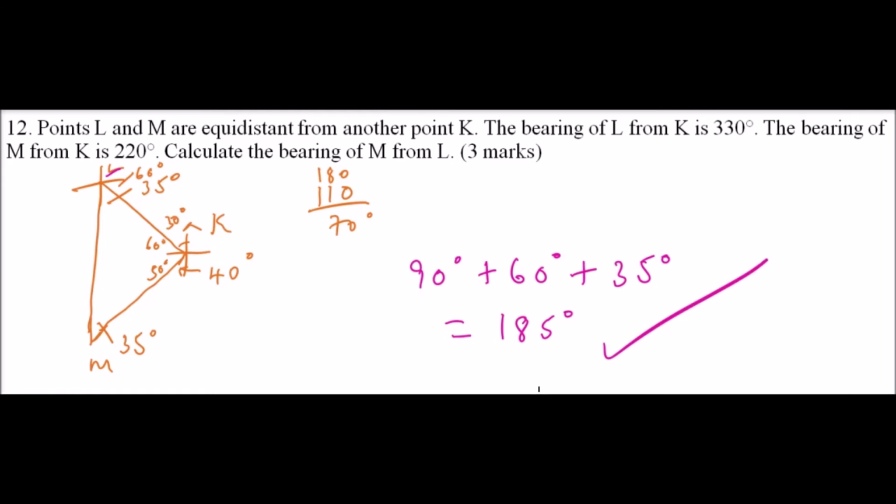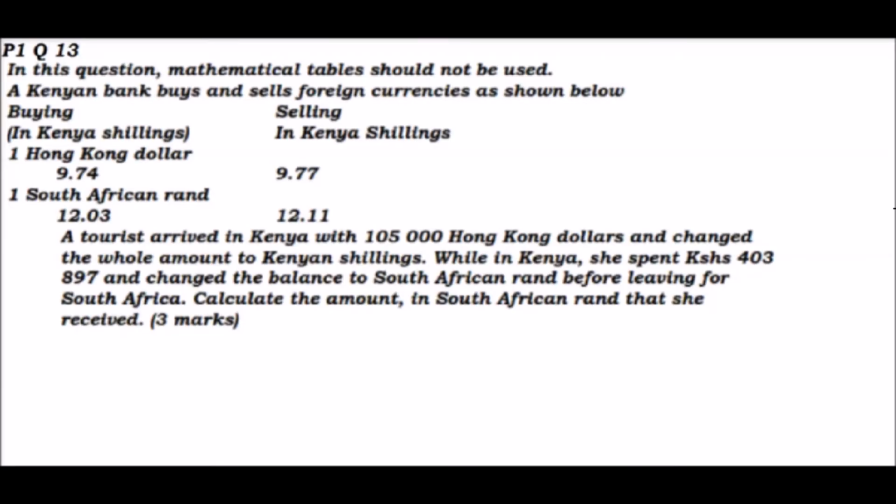So the sketch should be able to guide you on how to approach that question. In this question, mathematical tables should not be used. A Kenyan bank buys and sells foreign currencies as shown below. When a bank is buying, it buys at a lower price, and when it is selling, it sells at a higher price.